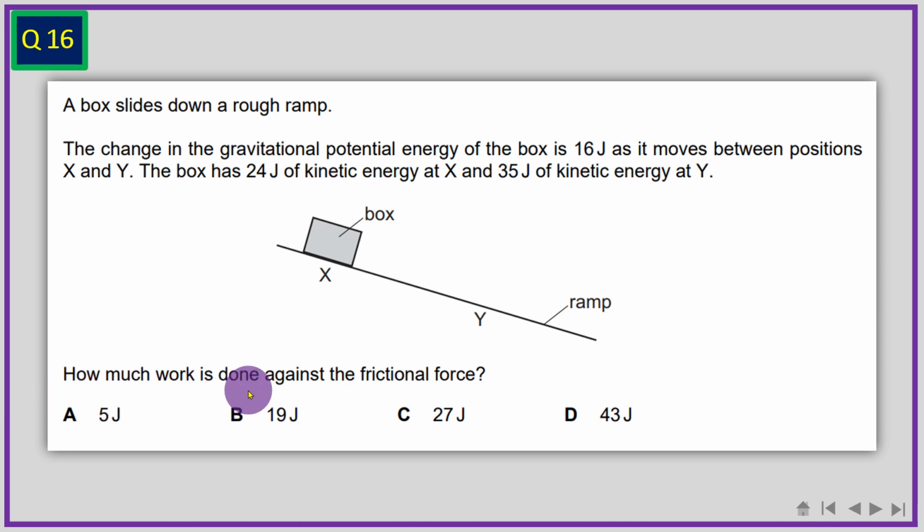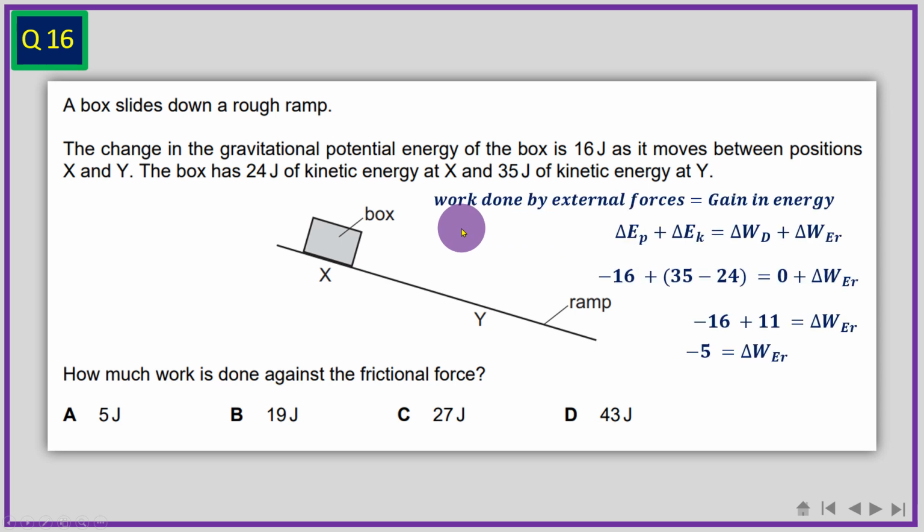How much work is done against the friction force? In this question, we can use the principle of conservation of energy, where the work done by any external forces on an object is equal to the gain in energy of that system. This is what that principle talks about: that if work is done on a system of forces or on an object, then that object gains energy.